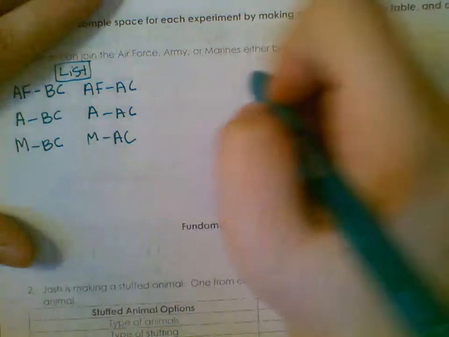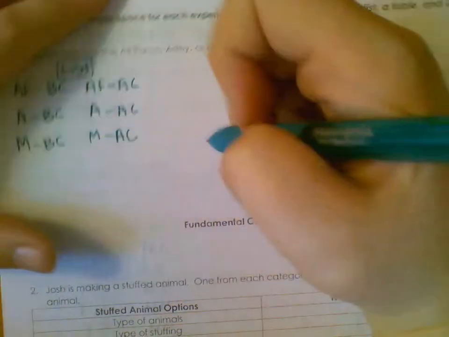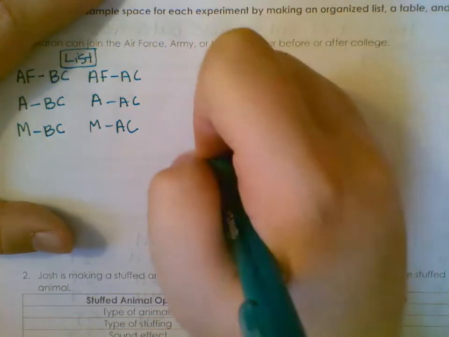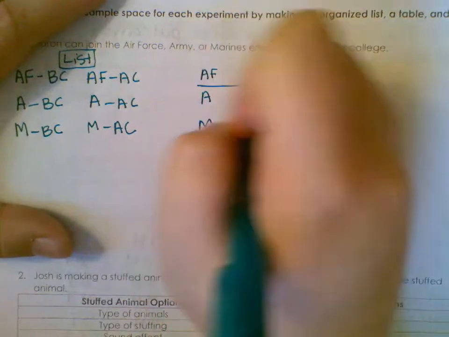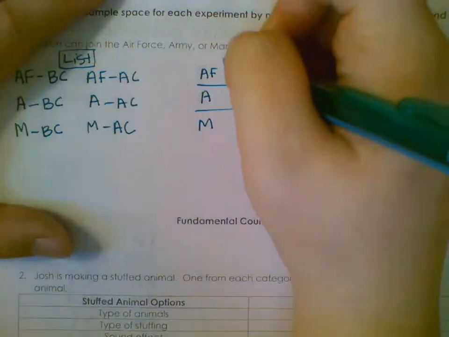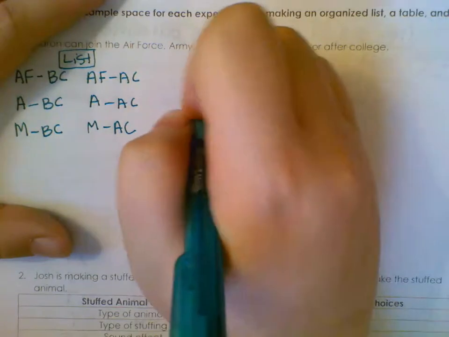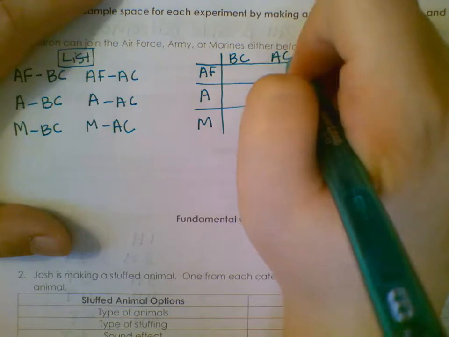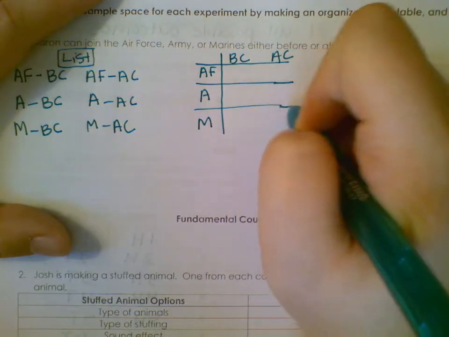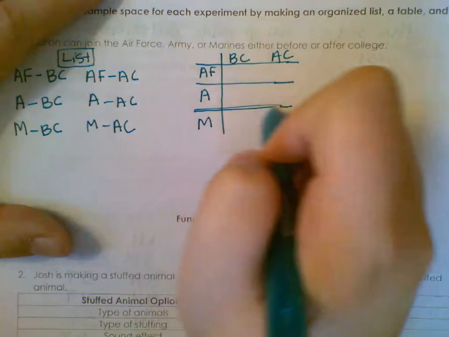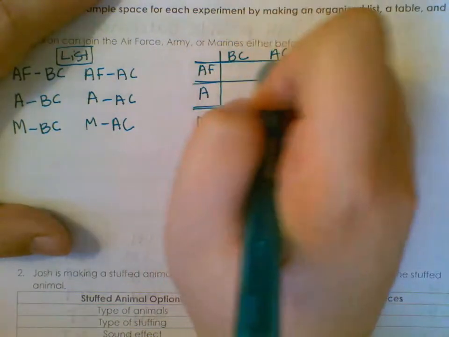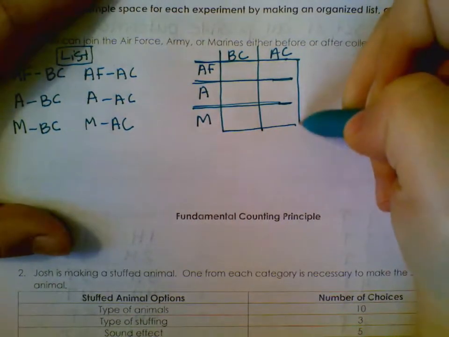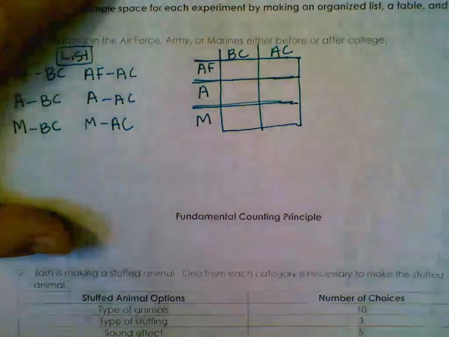So on one side, I'm going to do the Air Force, Army, or Marines. And then on the top, I am going to do before college or after college. And make my little table. Okay, so what is going to be inside of this table will be my sample space.